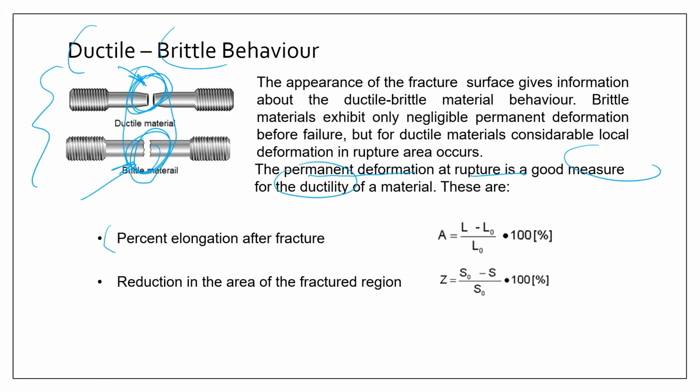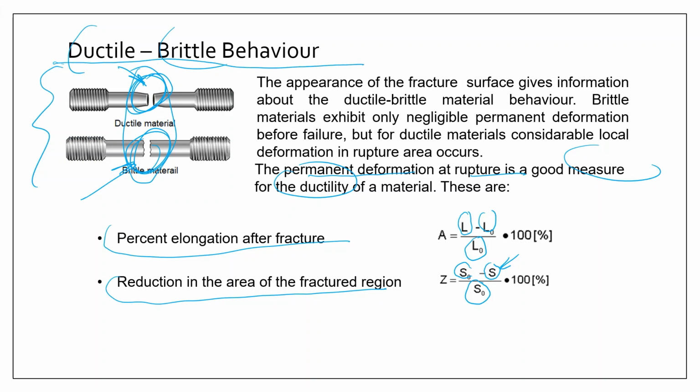Well, the percent elongation after fracture, that is the length after fracture minus the initial length, divided by the initial length, or the reduction of area in the fractured region, initial cross-section minus the cross-sectional area of the fractured surface, divided by the initial cross-section. These are some measures for determining the ductile or brittle behavior.